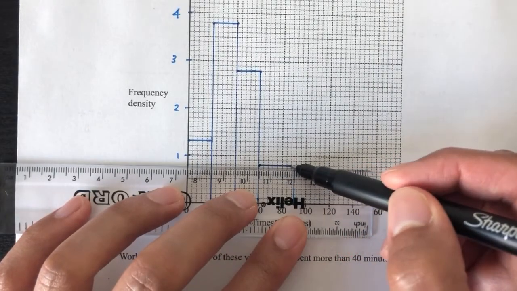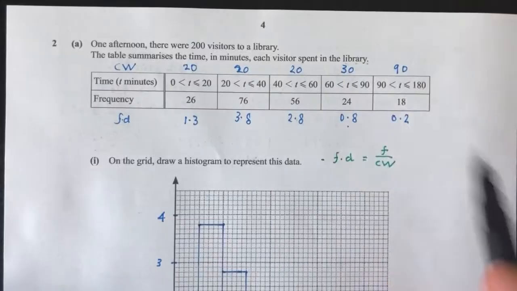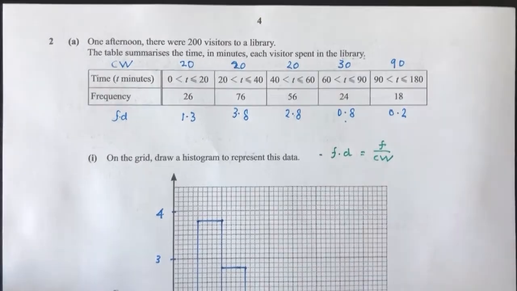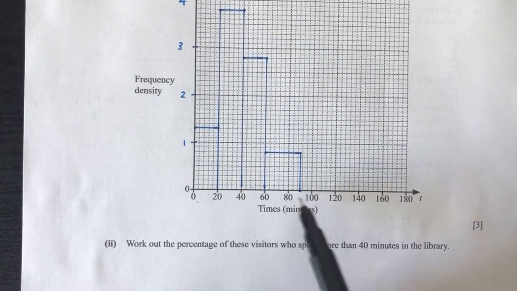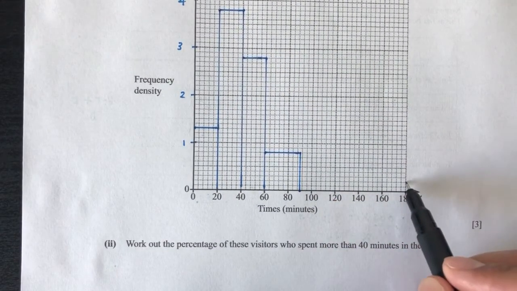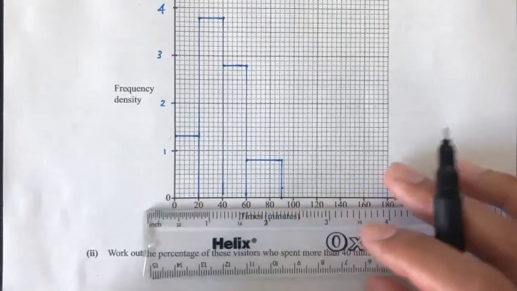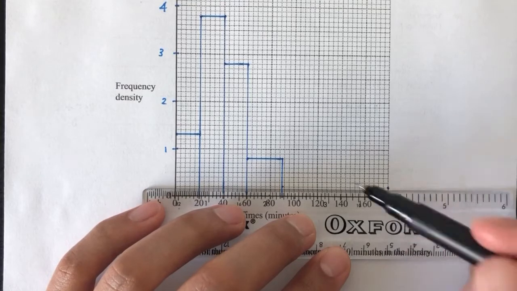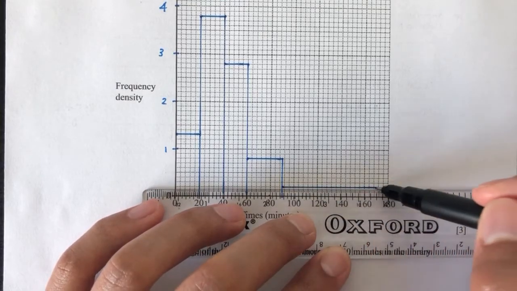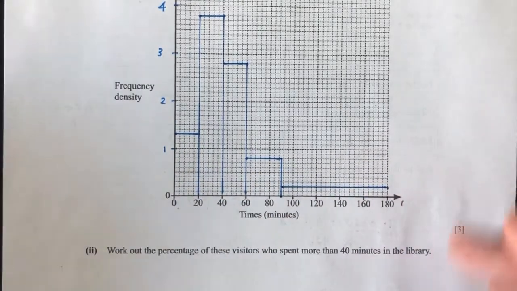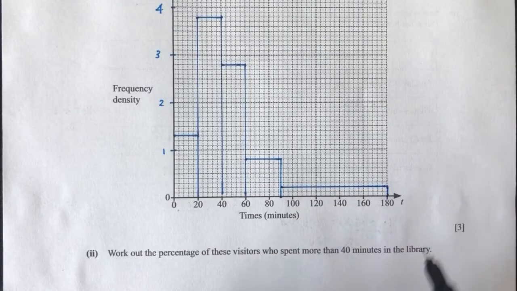And the last one, we have 90 to 180 will be 0.2. So 90 to 180, 0.2 is here. If you join those two together, you will have the proper answer. Okay, and that's it for the histogram of this table.